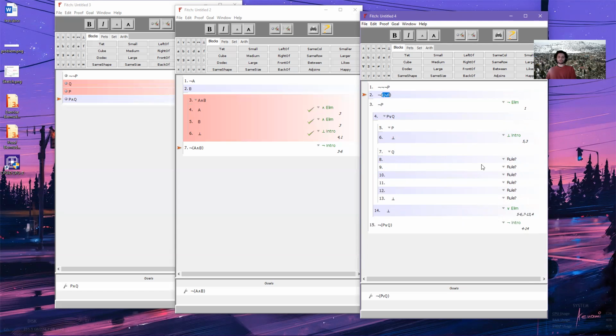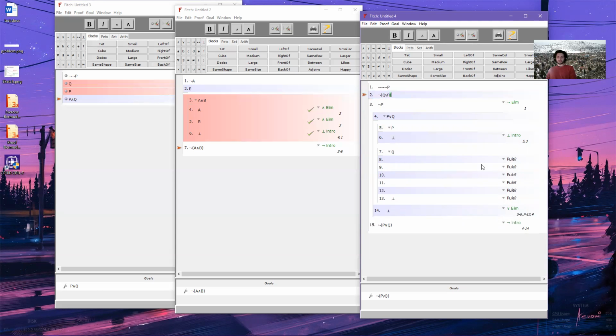And so if I could just get this line, the highlighted part, if I could just get Q or R on its own, then those are contradictory, right? So line 2 is saying it's neither the case that Q is true or R is true. But 7 is saying Q is true. So if 2 is saying neither Q nor R is true, but 7 is saying Q is true, that should give you some intuition that those two things will contradict.